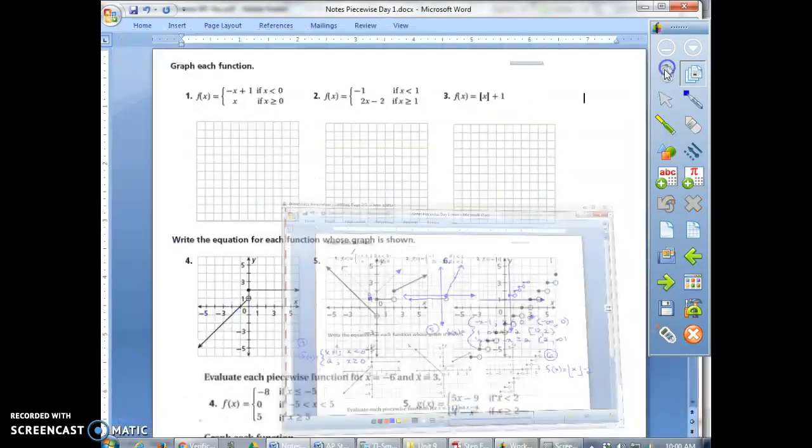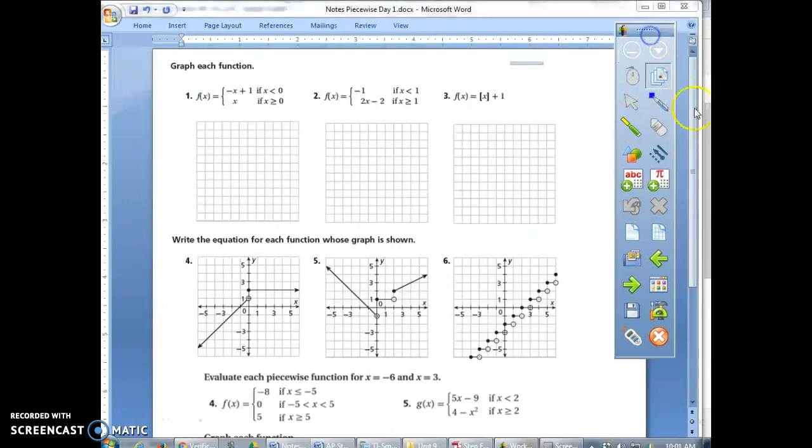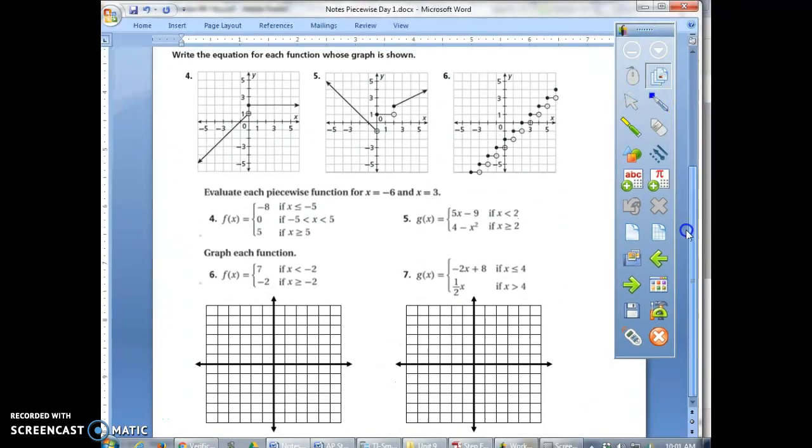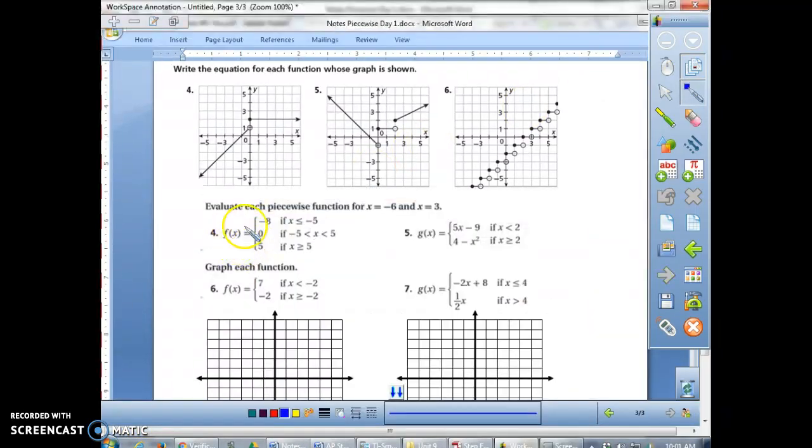Now, evaluating the piecewise functions is basically when you just plug in the x, but you have to make sure you know what part of the function, the domain, is relevant. So I'll kind of explain what I mean by that. So here, this is our piecewise function, and we want to evaluate it for -6 and for 3.